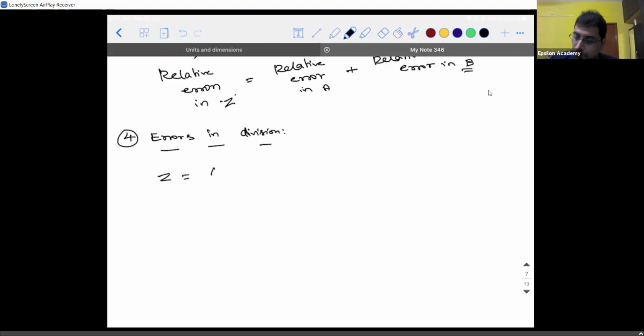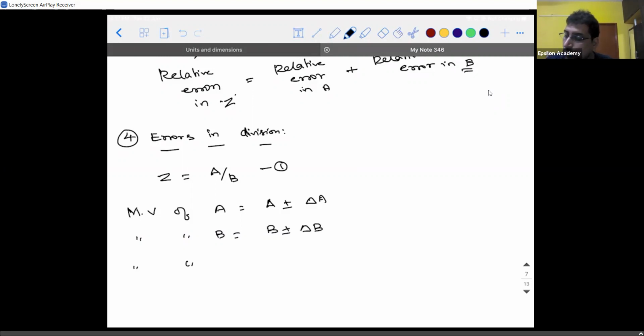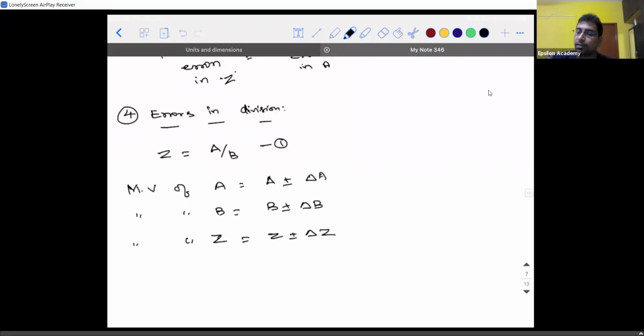Z is equal to A divided by B. Okay, let this be 1. So, measured value of A is equal to A plus or minus delta A. Measured value of B is equal to B plus or minus delta B. Measured value of Z will be equal to Z plus or minus delta Z. Okay.